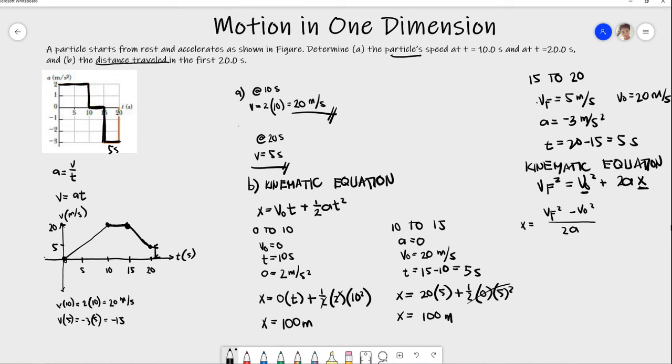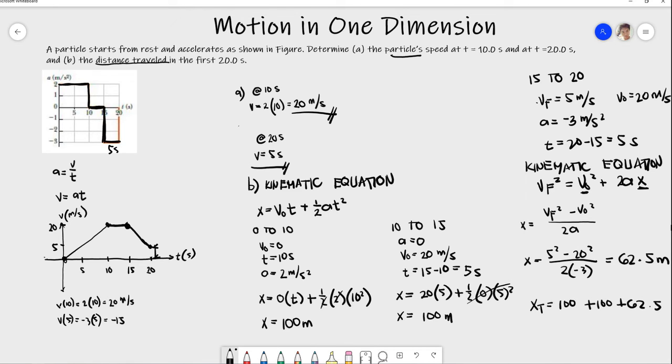Therefore, x is equal to what? It's the final velocity again, 5 squared, minus the initial velocity, 20 squared, all over 2 times negative 3. Getting the value of x is equal to 62.5 meters. Therefore, the total distance traveled, let's say x total, is equal to 100 plus 100 plus 62.5.